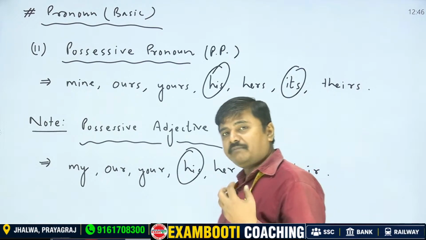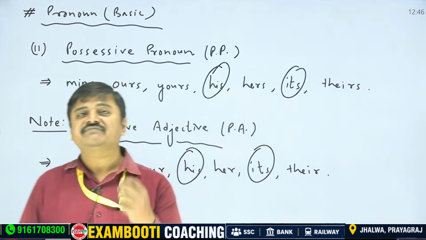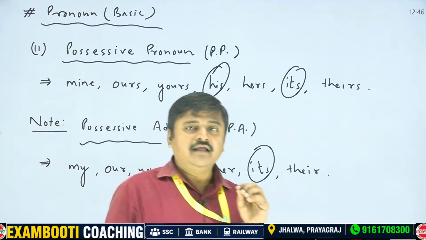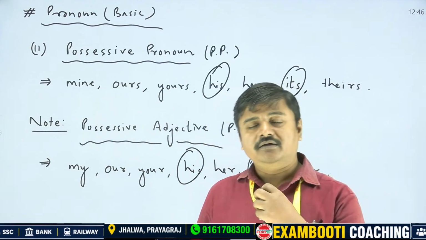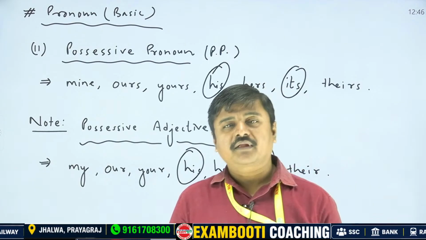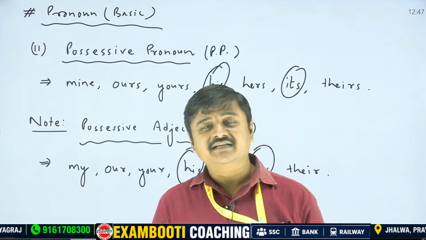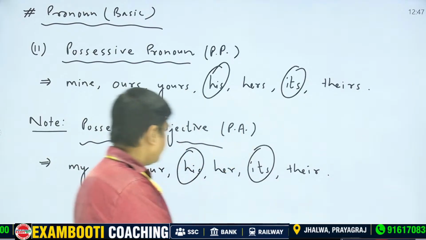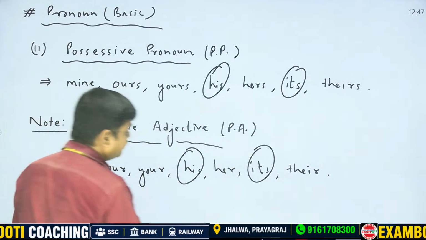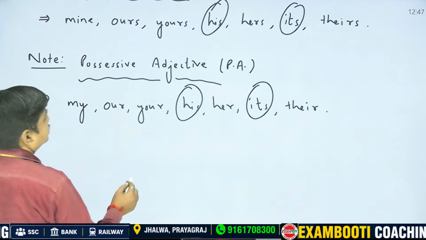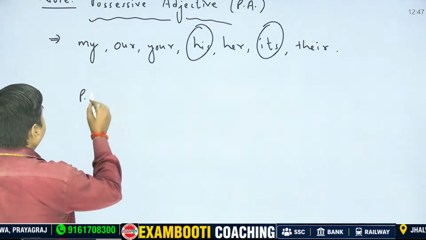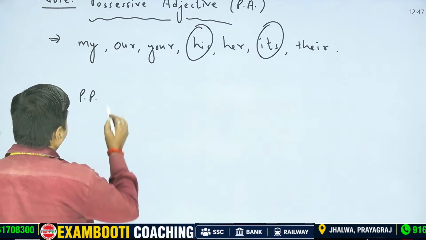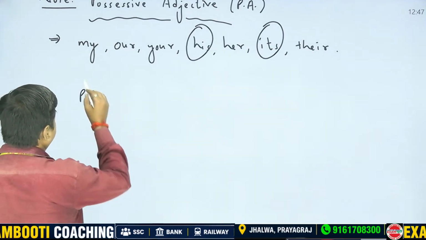When I say PA, it means possessive adjective, and whenever I have to mention possessive pronoun, I will just say PP. So this is actually the difference, PP and PA.